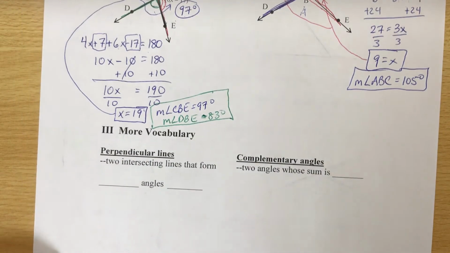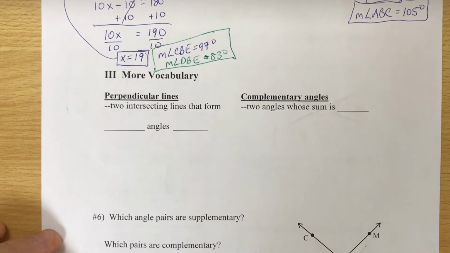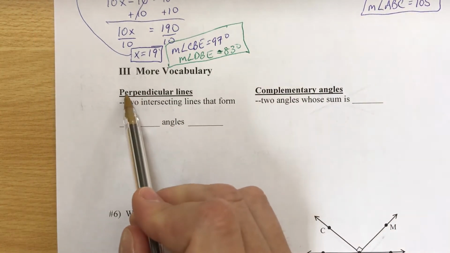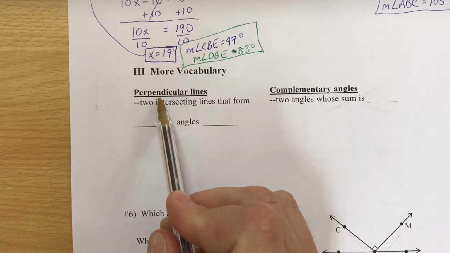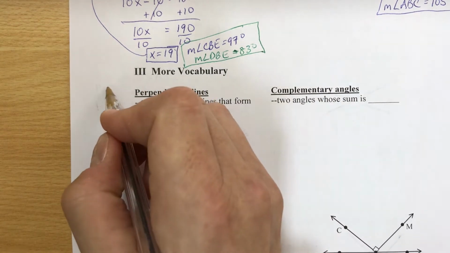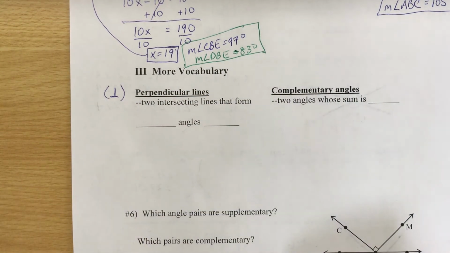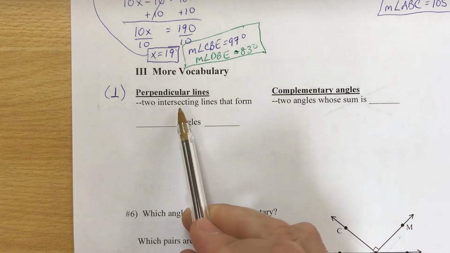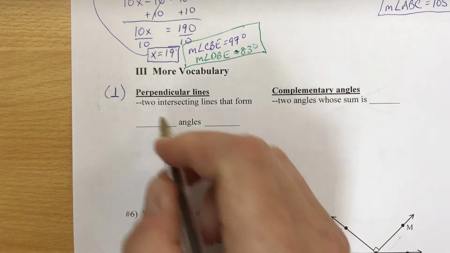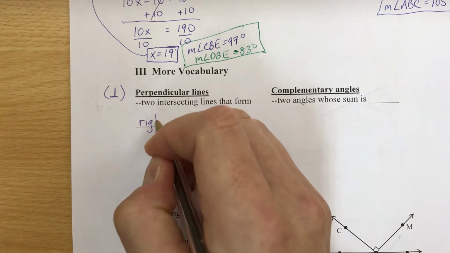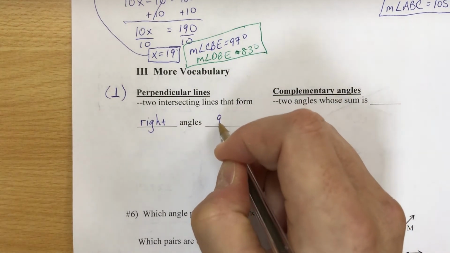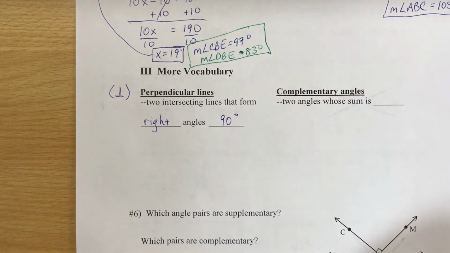All right, so we've got a couple more vocabulary words here. The first one is perpendicular lines. The symbol for perpendicular is an upside down T. So perpendicular lines are two intersecting lines that form right angles. And right angles always measure 90 degrees.